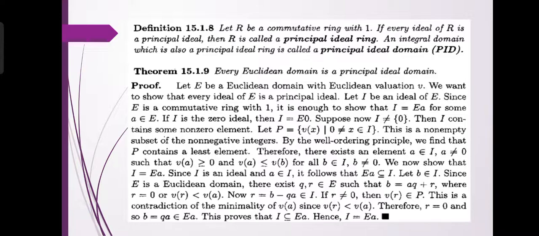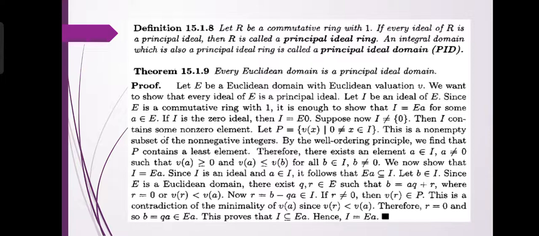Let P be equal to the set of V(X) such that 0 is not equal to X belonging to I. This is a non-empty subset of the non-negative integers. By the well-ordering principle, we find that P contains a least element.